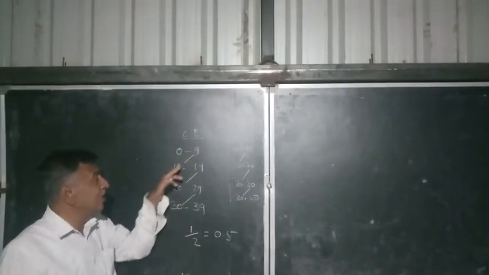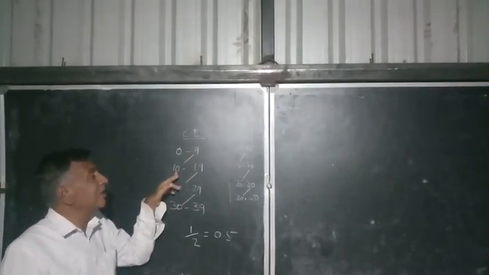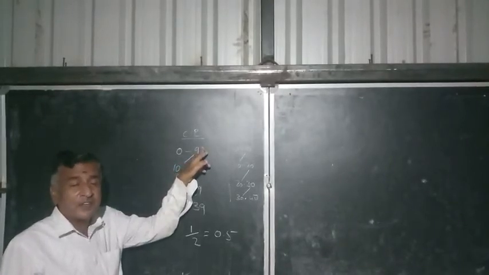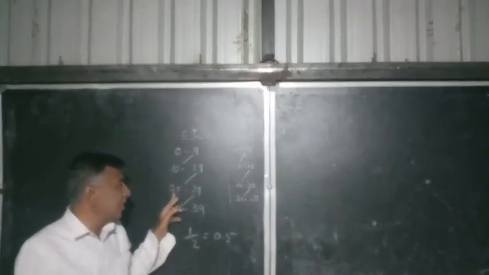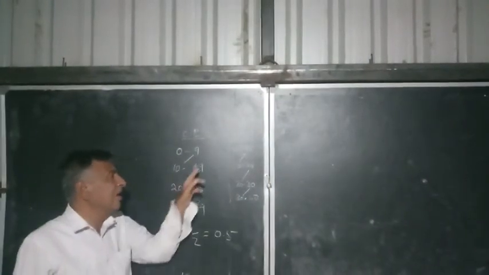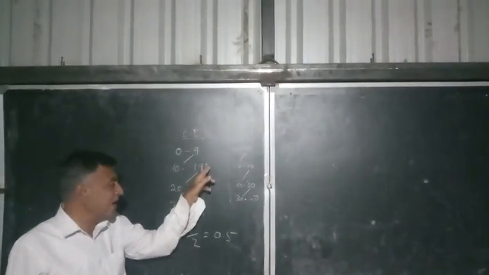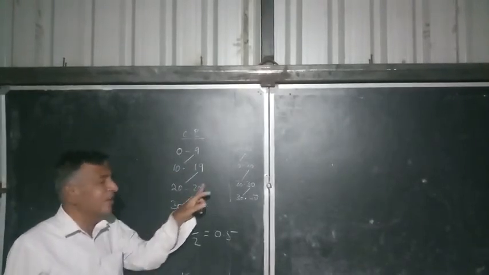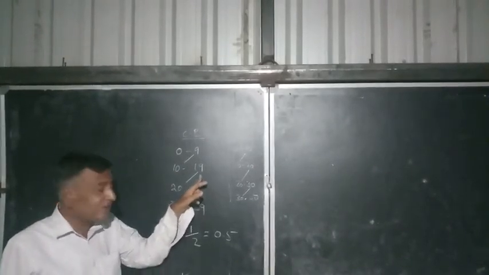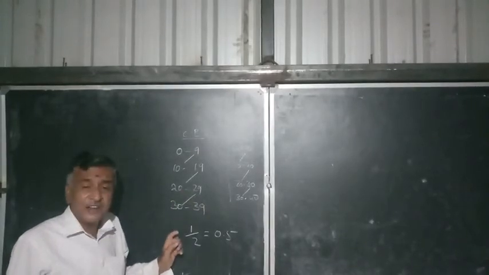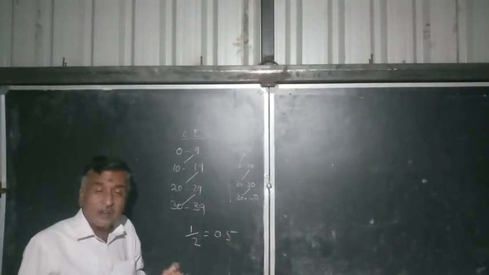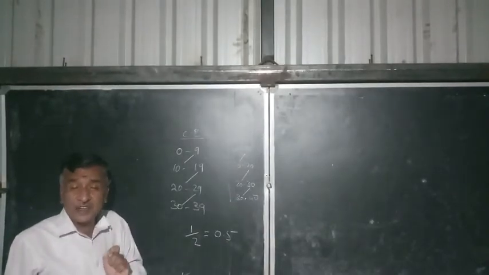Difference between the lower limit of the second class and the upper limit of the first class. Difference between the lower limit of the third class and upper limit of the second class. Difference is 1. Divide that 1 by 2. We will get 0.5. This is the correction factor.